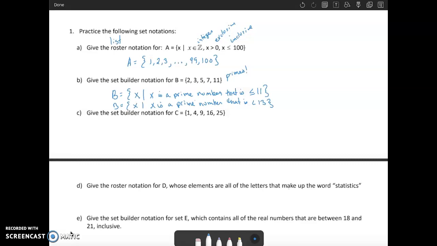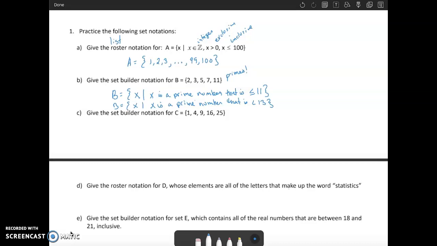Or I could switch the symbols and say less than or equal to, and then stop it at 11. So if you're making your set builder notations, you usually have options of how you want to write it. Of course, if it's a multiple choice question, you're going to have to pick the one that they give you that actually fits. But if it's an open-ended type question, there technically are multiple ways usually to write these set builder notations.